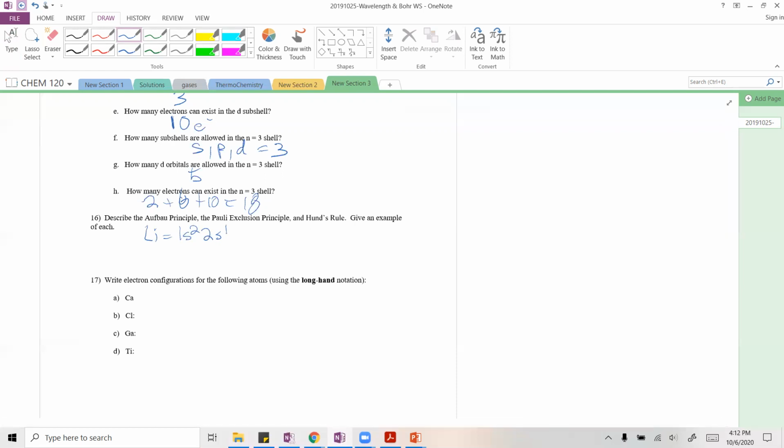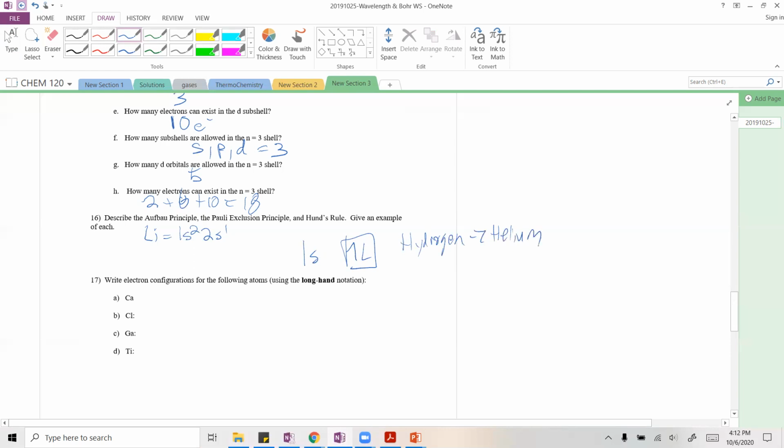The Pauli exclusion principle is the idea that our electrons can't have the same 4 quantum numbers. What that means is that inside of an orbital, let's say this is the 1s, we're going to have 1 electron that spins up and 1 that spins down. So this is like hydrogen to helium.